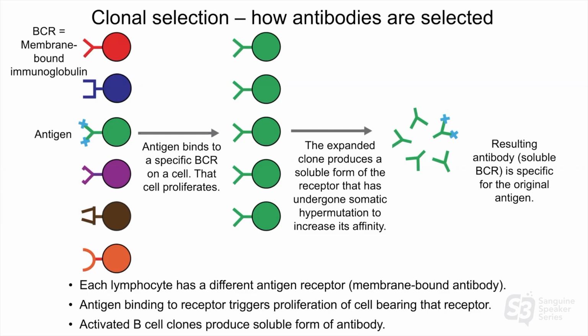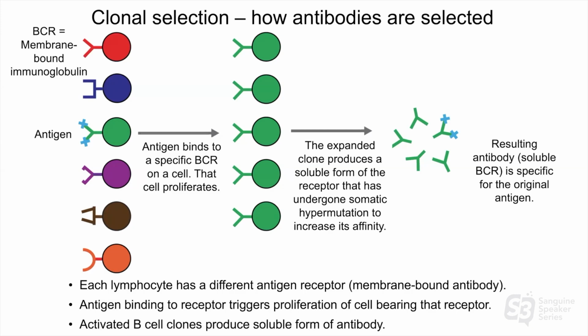Let's say in this instance, the green one has the antigen bind to its Fabs. That induces proliferation of the B cells that make that type of antibody. And then you get a lot more of them, and the expanded clone then makes a soluble form of the B cell receptor, which is the immunoglobulin that circulates.